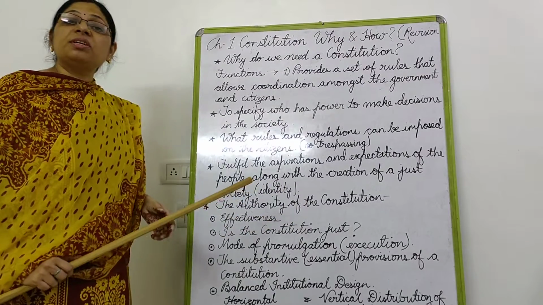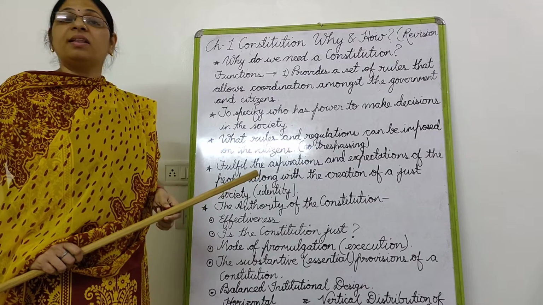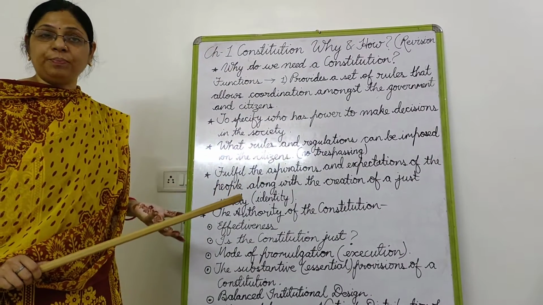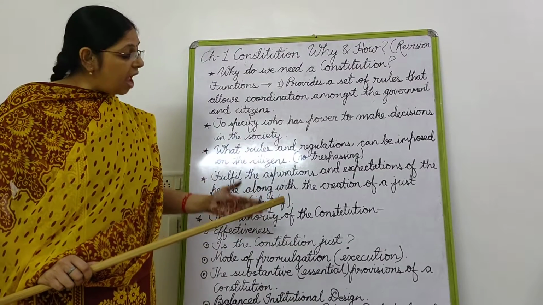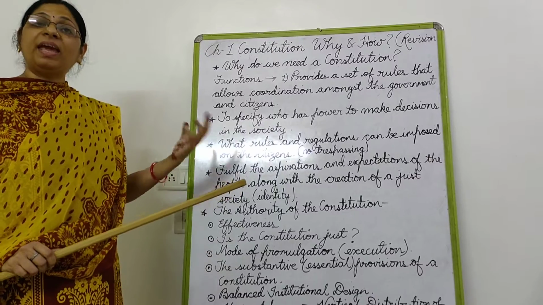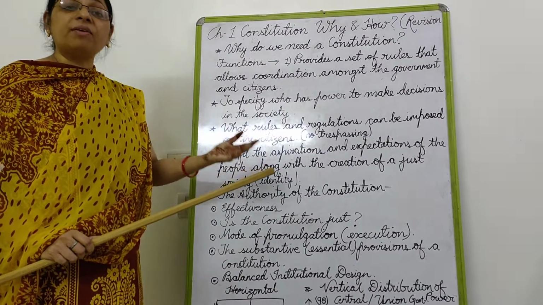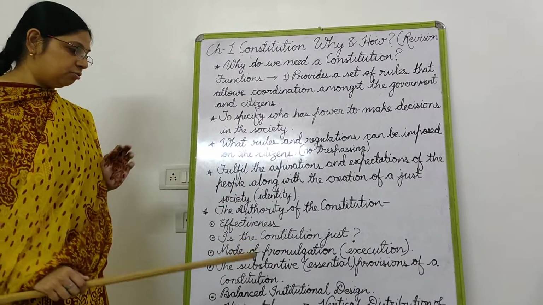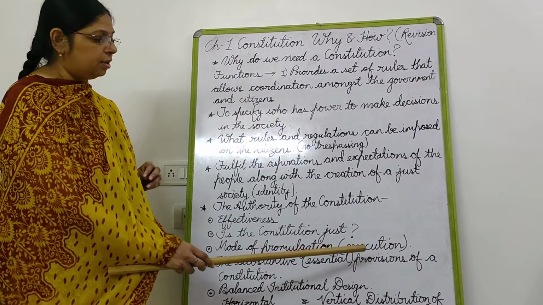If the execution is not proper, if the executives are not proper, then the laws won't have any value. The rules and regulations would not have any value, and the people would not be able to gain from the rules and regulations or the fundamental rights or any concept mentioned in the constitution. So execution is also very important.